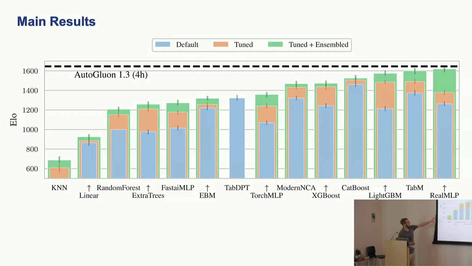But we can see that, as Frank highlighted, these RealMLP and TabM models, if you ensemble them correctly and tune them really well, are very, very good. And these are models that are not part of AutoGluon at all. So this is evidence that these deep learning methods are starting to outperform gradient boosting models.